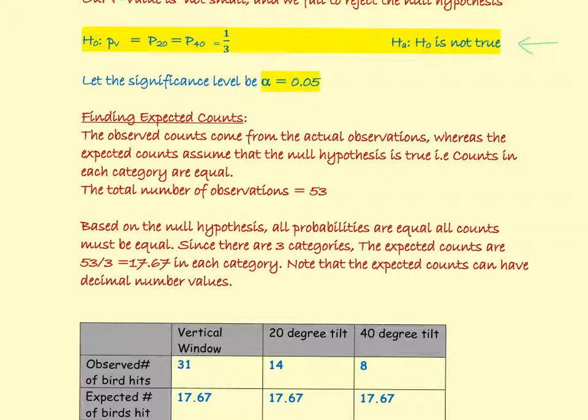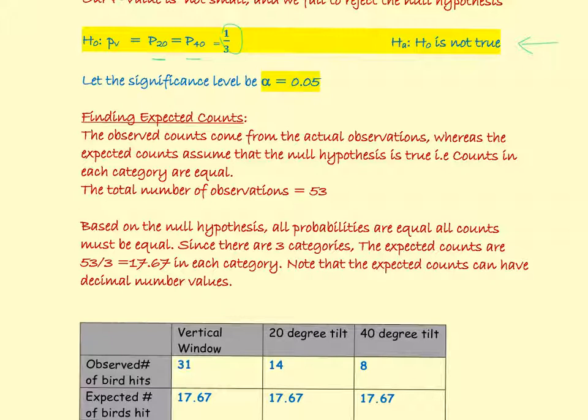And that is, in this case, the probability that the bird hits the vertical window is equal to the probability that the bird hits the 20-degree window is equal to the probability that the bird hits the 40-degree window, and they are all each equal to 1/3. So when you add up 3/3, you get a 1, and that makes a whole. So we have 3 categories that make a whole.